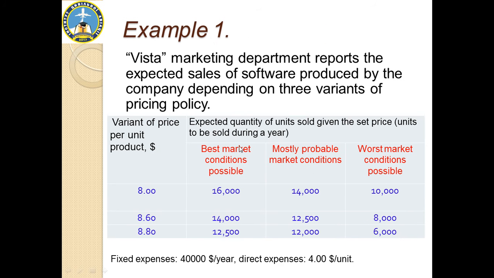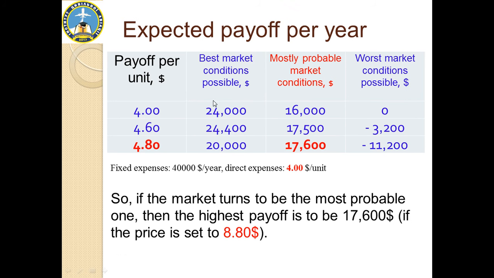So we get these numbers. At the payoff of $4 per unit, given the best market conditions, the company may obtain the payoff of $24,000 by selling these 16,000 units of software.